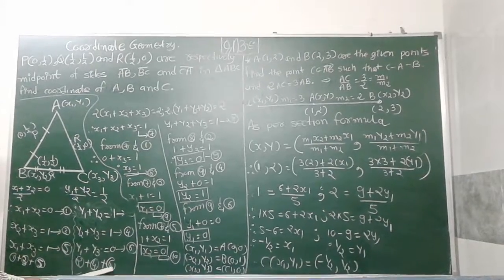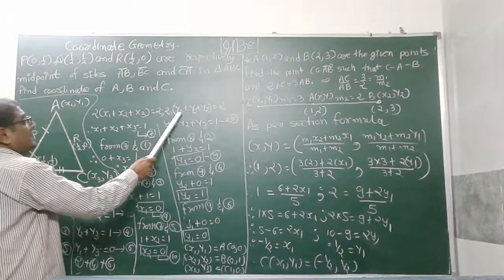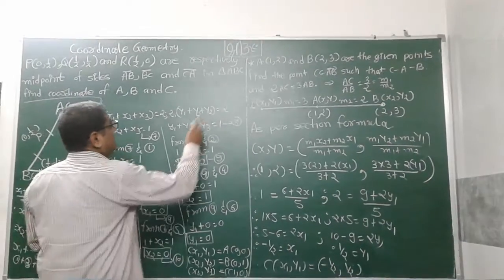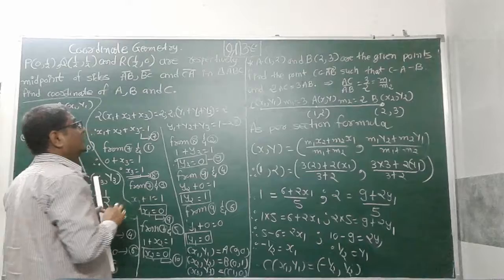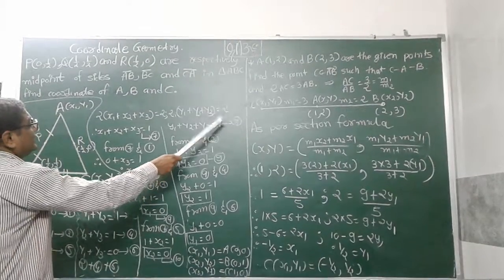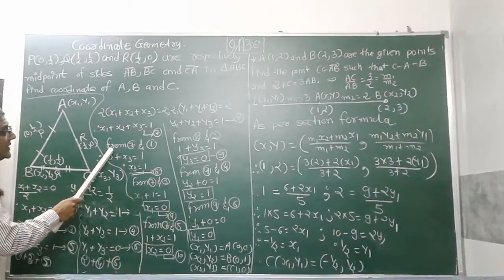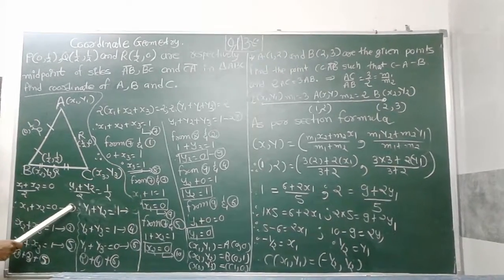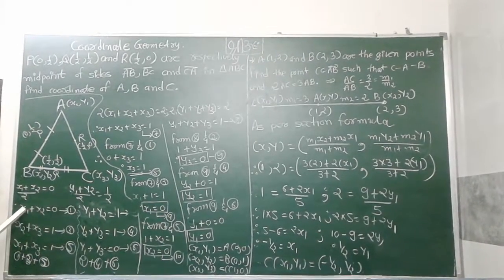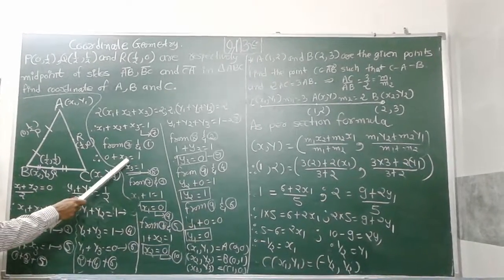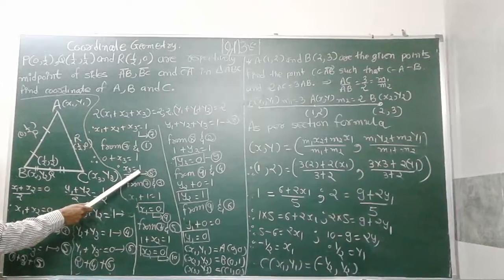Similarly, adding 2, 4 and 6, we get 2(y1 + y2 + y3) is equal to 2. Therefore, y1 + y2 + y3 is equal to 1 according to the linear equation. Now, from equation number 7 and 1, we are doing the substitution method. So instead of x1 + x2, we substitute 0, so 0 + x3 is equal to 1. So x3 is equal to 1.